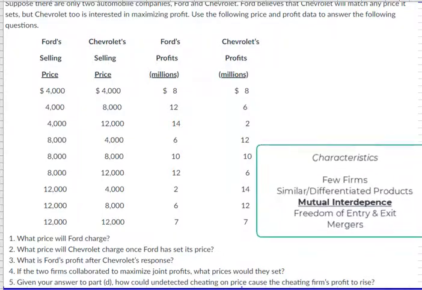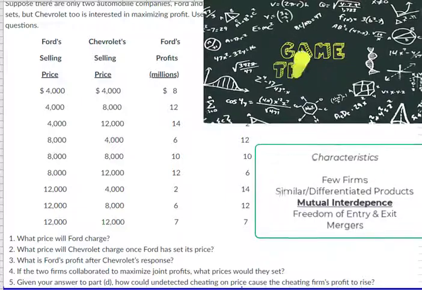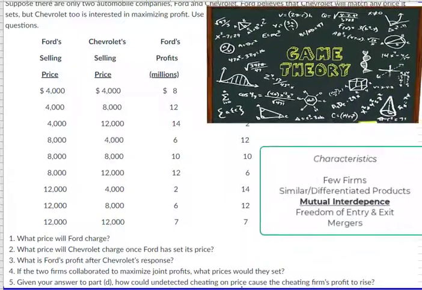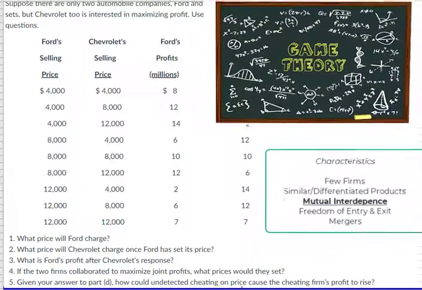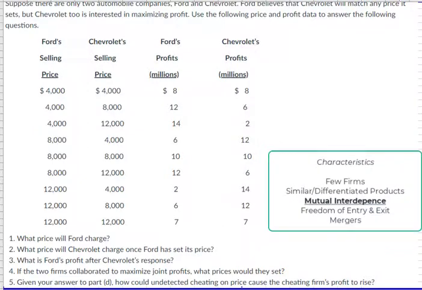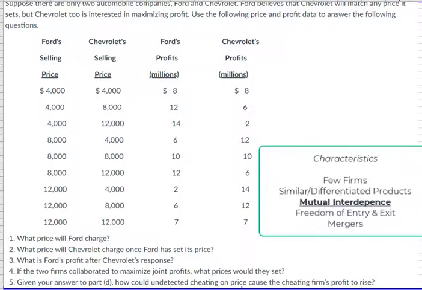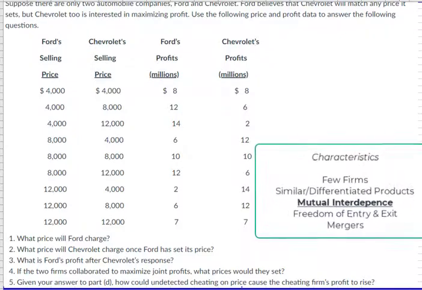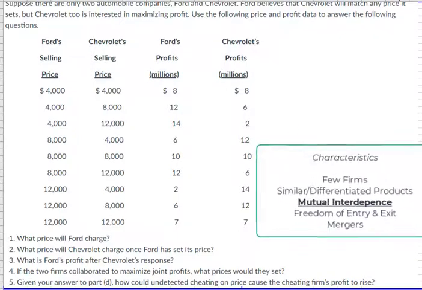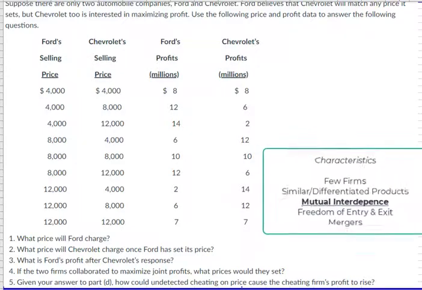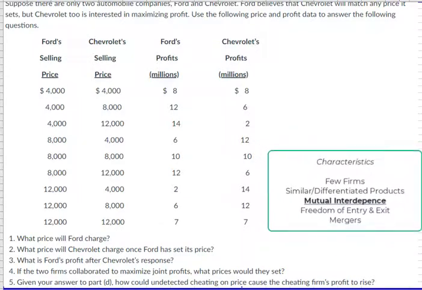That's the same thing with game theory. When the firms are trying to figure out what price to charge, they have to take into consideration and internalize that decision of what the competitor will do. They consider that before they move. And to show you how this works, let's look at this example that's on the screen.